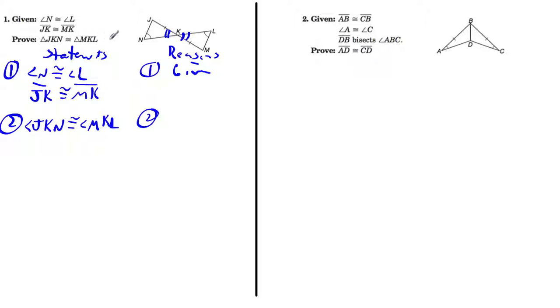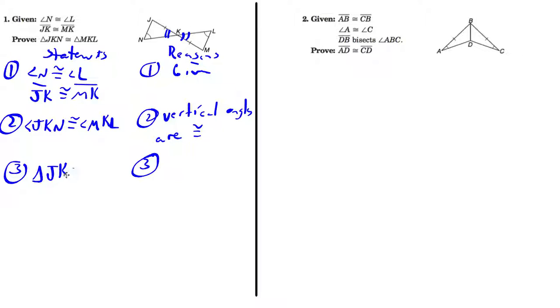So when we actually prove that, it's going to be important. So here, vertical angles are always congruent. And so we have enough to say triangle JKN is congruent to triangle MKL, because if I look, I have angle, angle, side, that non-adjacent side to both angles. I got my two angles, so 1 and 2, and back to 1 for the side.